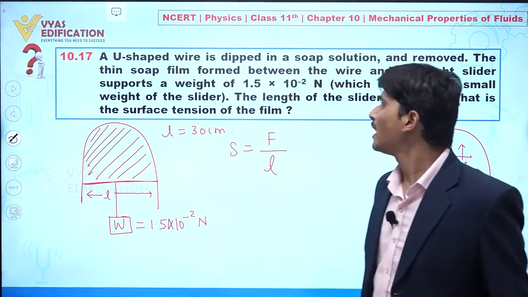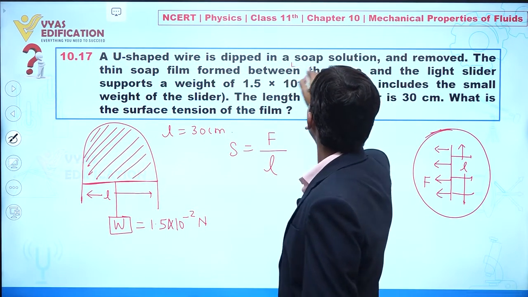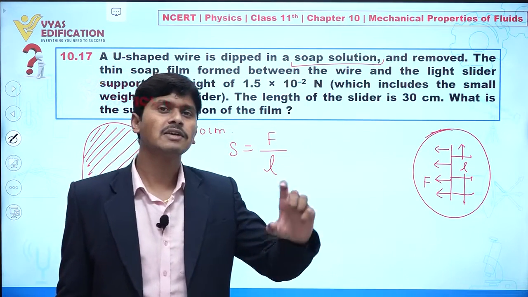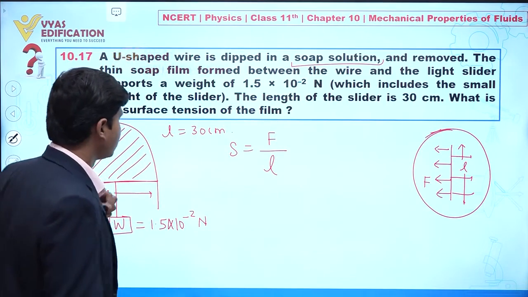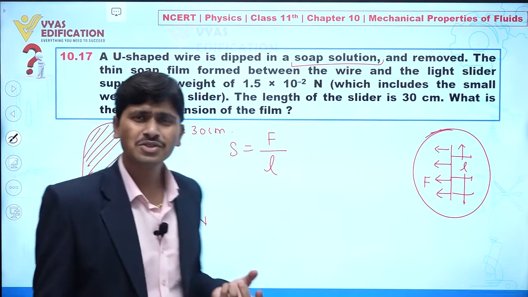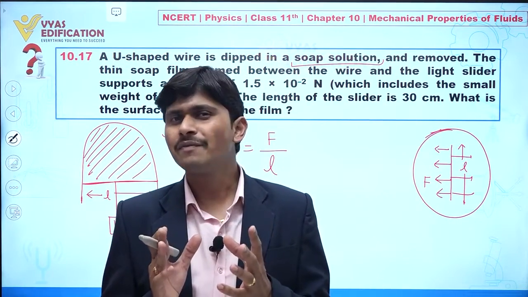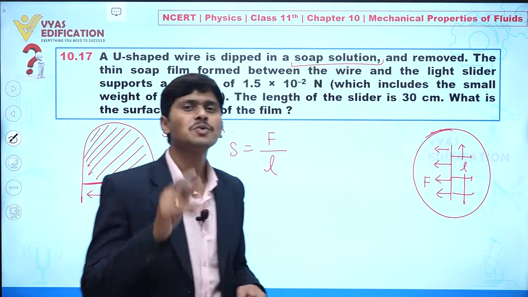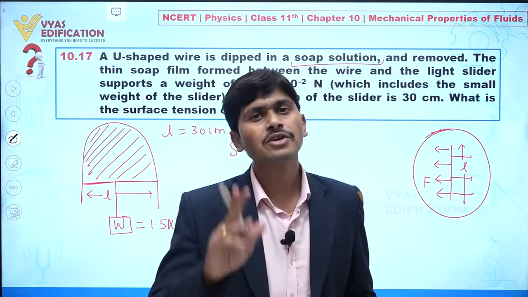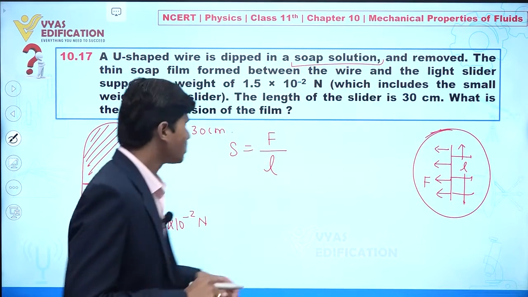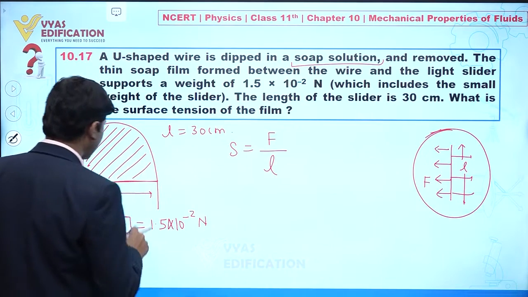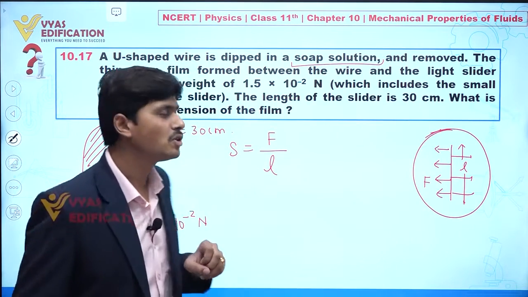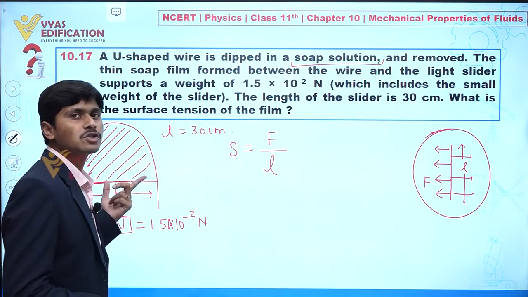An important part in the question is that we have a soap solution. Whenever we make a frame using soap solution, every soap solution has two layers. Whenever a surface is formed, it always has two layers. So if I take length L, we will take twice L, because we have two surfaces of soap.